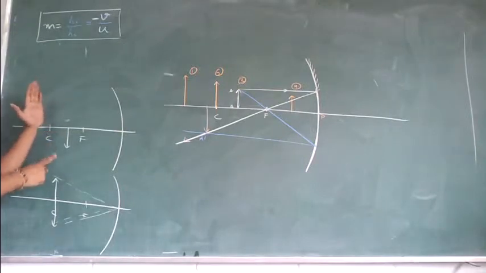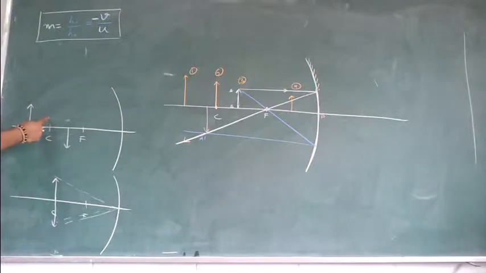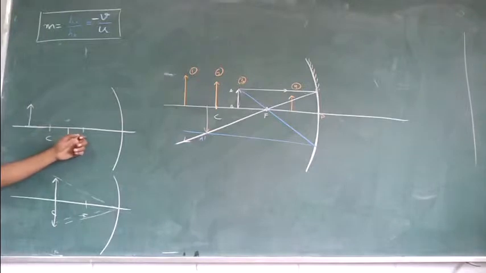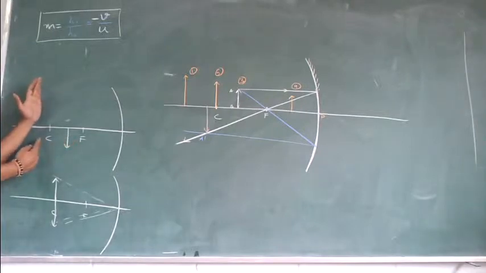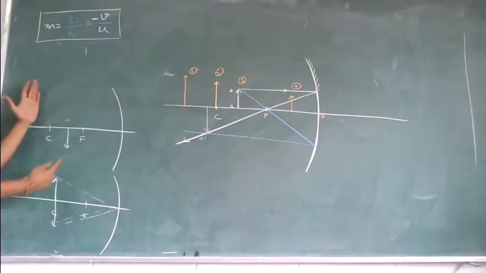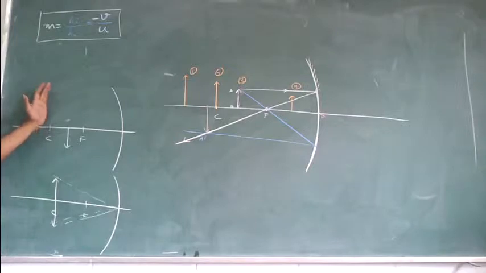Suppose the object has travelled hundreds of meters, the image has travelled only a few centimeters. So what we notice is, when the object travels from infinity to C, the image travels from F to C. This is travelling hundreds of meters and this is travelling only a few centimeters.